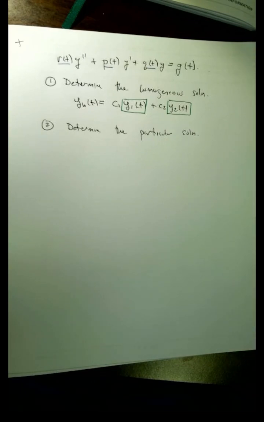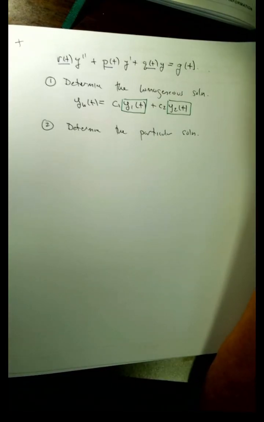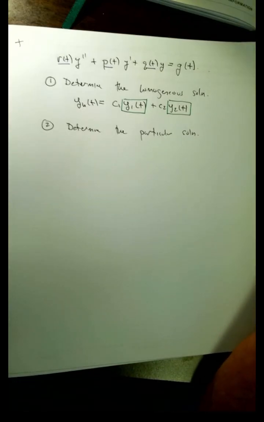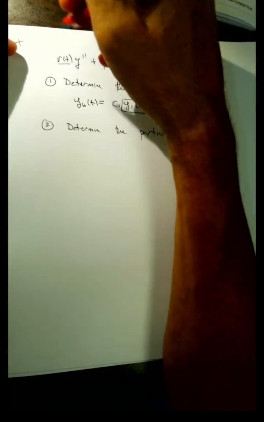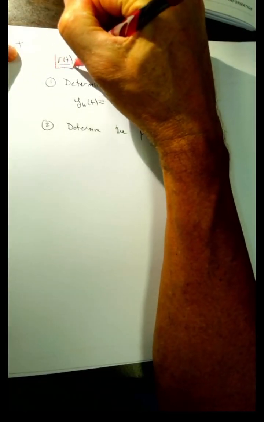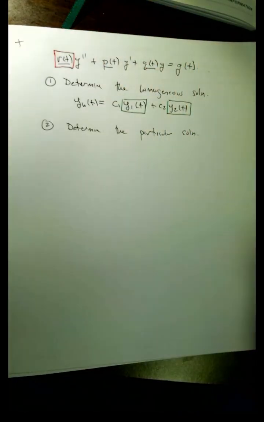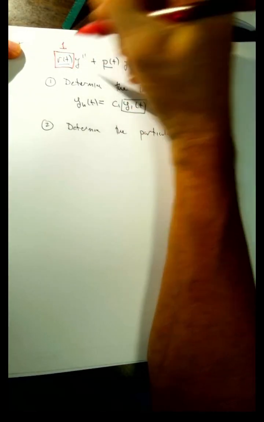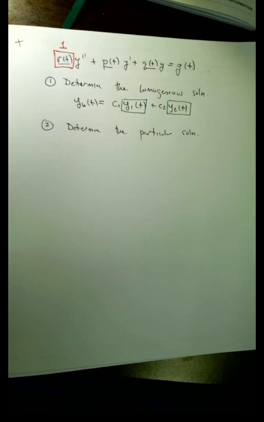And I should say this is very important to note: this is different than what is in the book, and it's different from most of the things that you see on most online resources. Where it's going to be different is that term in front of the second derivative. The book assumes that you've divided through by the R of t and you have a coefficient of 1 there.